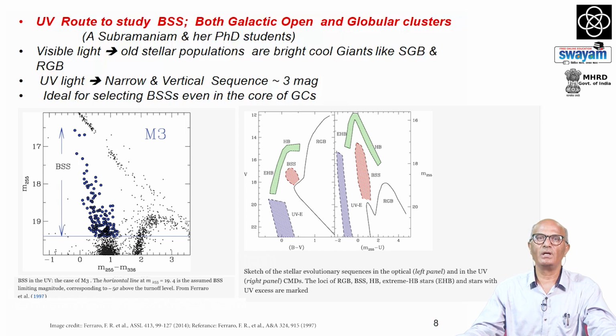That is why UV observations are very helpful, because in UV light the sequence becomes narrow, about 3 magnitudes vertically, and that is why this information is ideal for studying blue straggler stars in the core of galactic globular clusters.